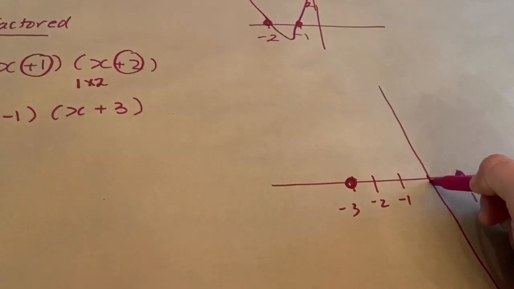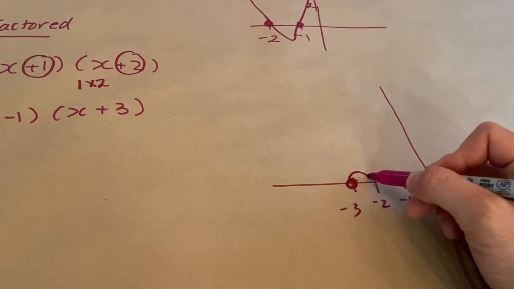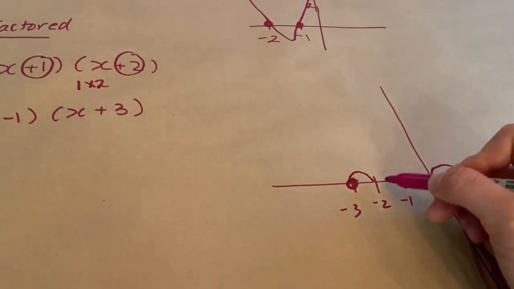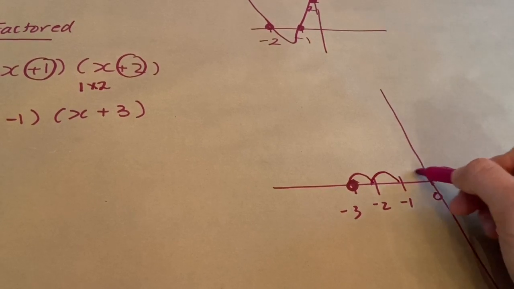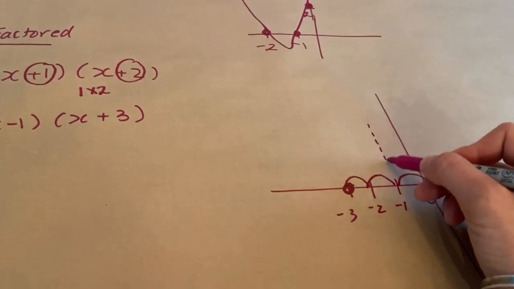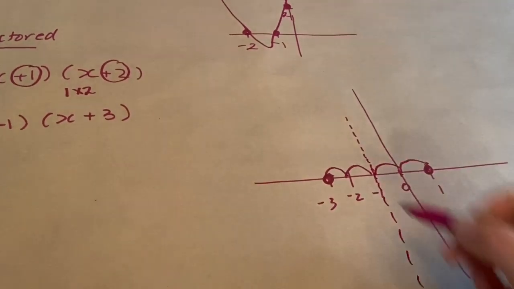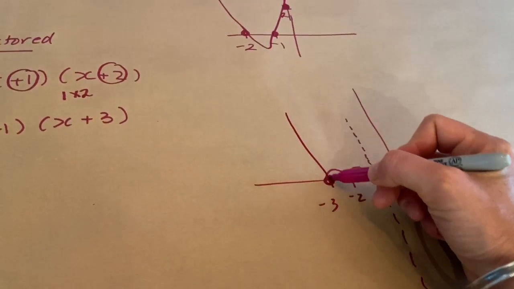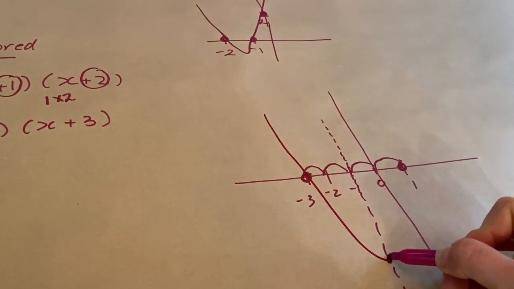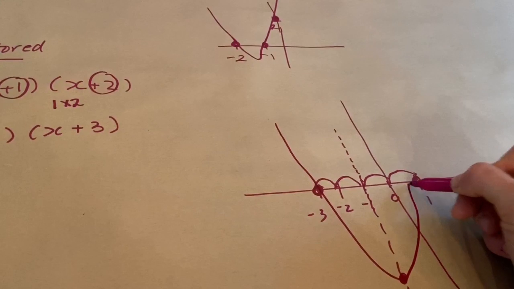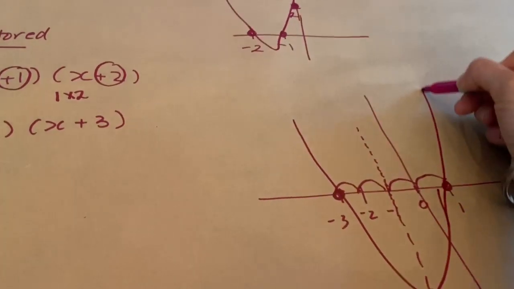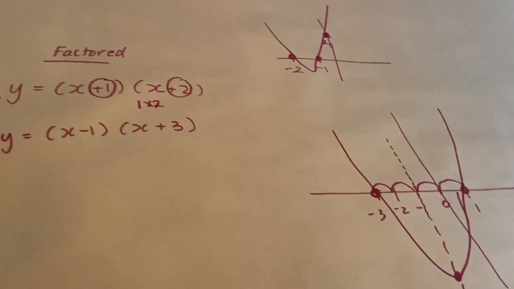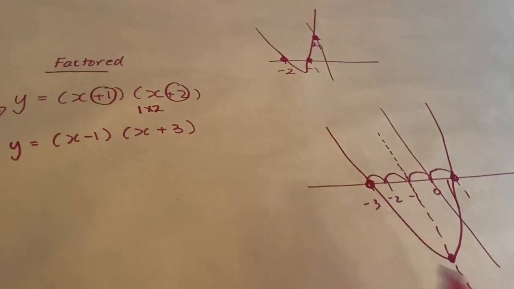Don't forget there's 0 right here. We want a bunny hop: 1, 2, 3, 4. The middle is at -1. And it's going to go like, oops, like that.